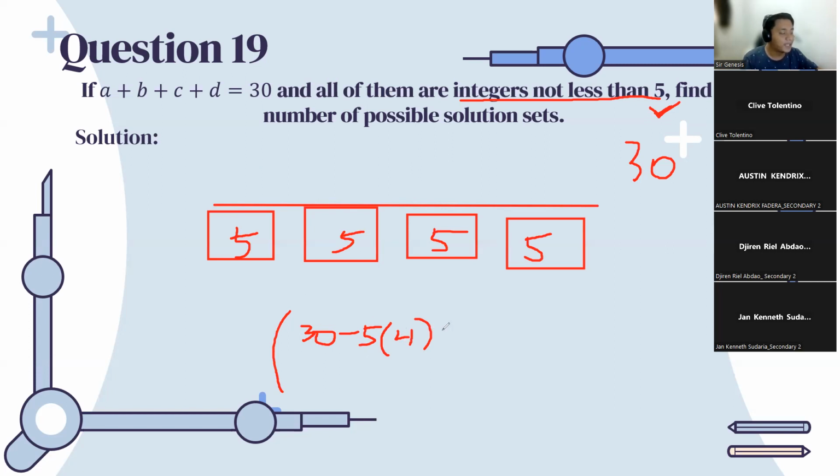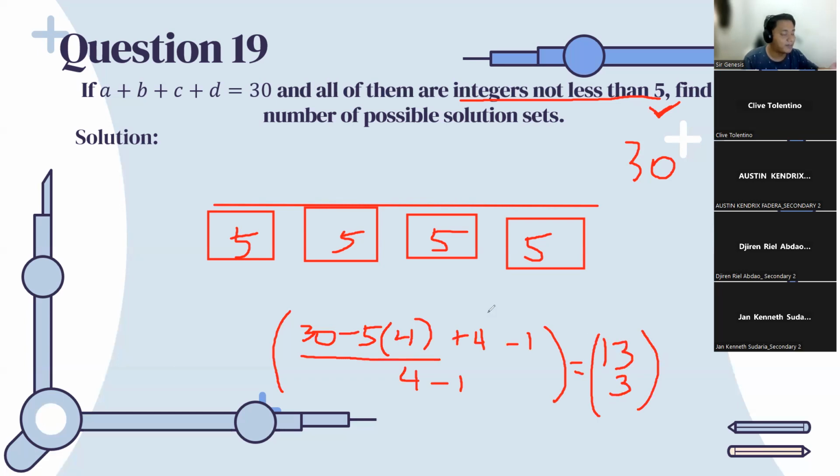Now, using stars and bars, this is already n. So n plus 4, which is k, minus 1, choose 4 minus 1. That will just give you 13 choose 3.